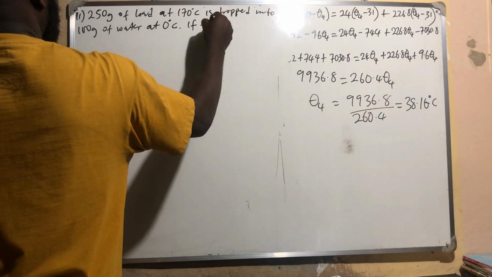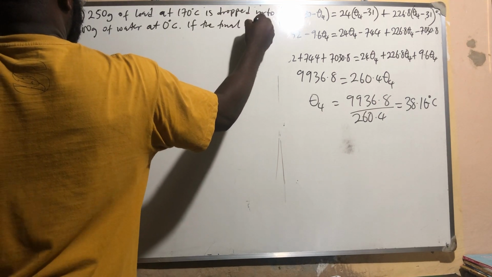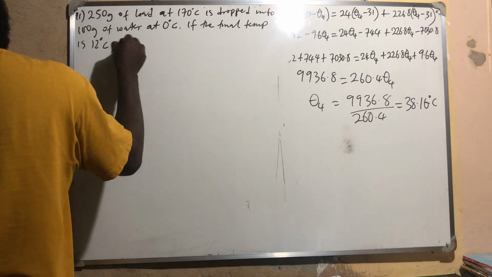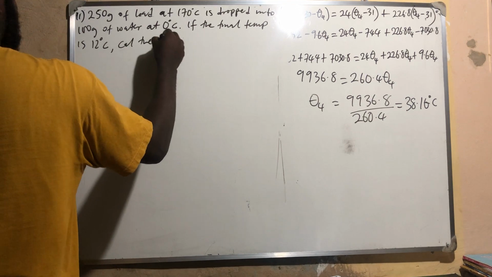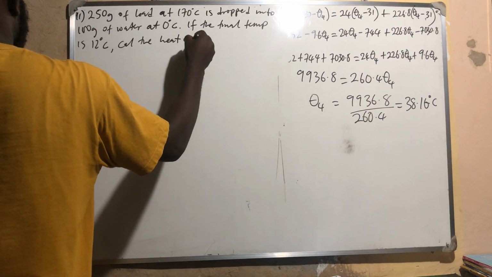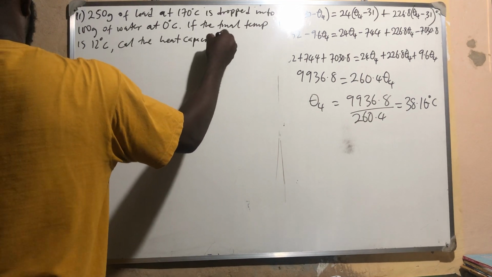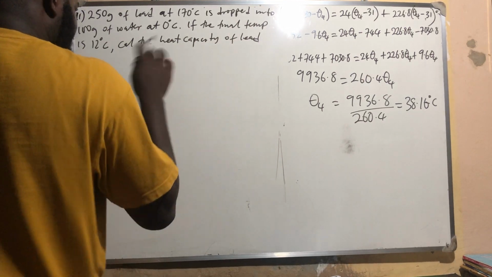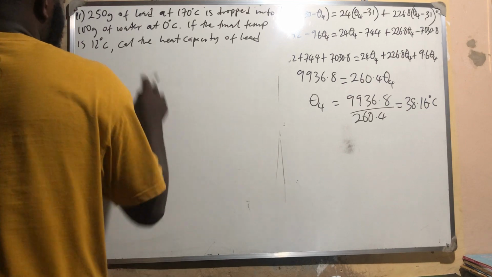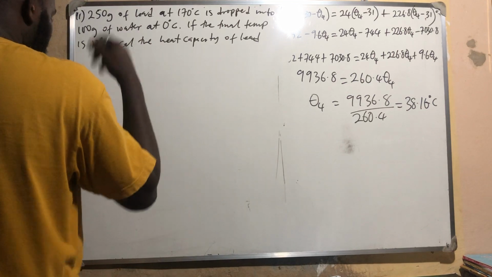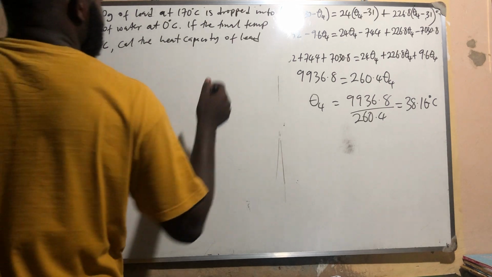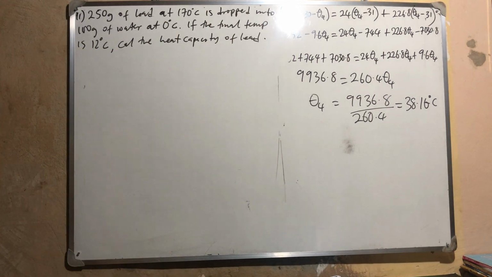If the final temperature is 12 degrees Celsius, calculate the heat capacity of the lead. Don't forget that heat capacity is mass times C, MC. They did not put specific in it. Specific is just C. That is just the simple question given.